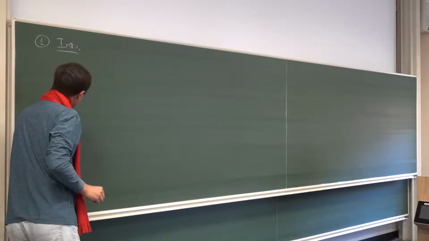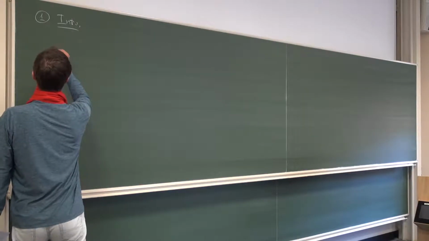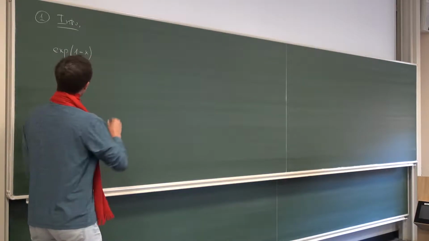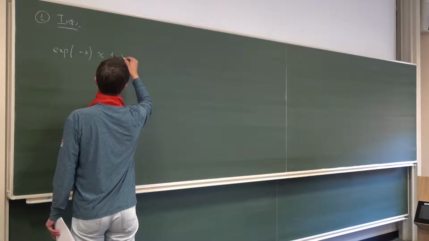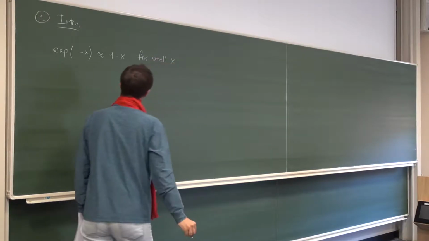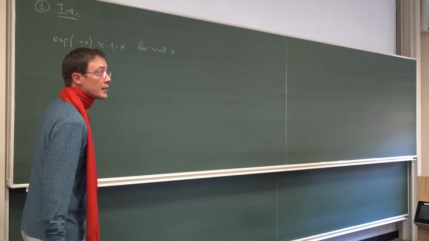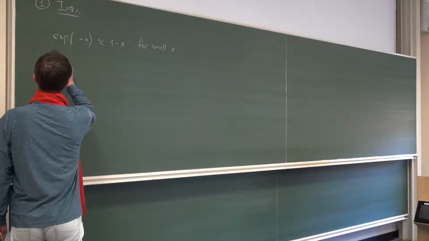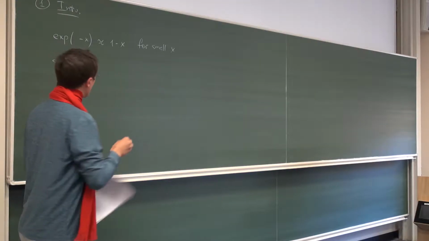You may have been told by chemists at this point that exponential of minus x is approximately equal to 1 minus x for small x. Or things in trigonometry, very useful, for example, in ballistics: sine x is approximately x, again for small values.